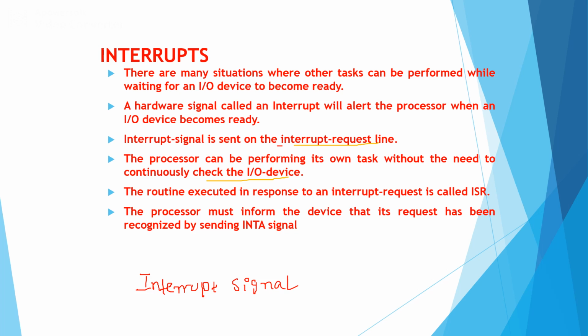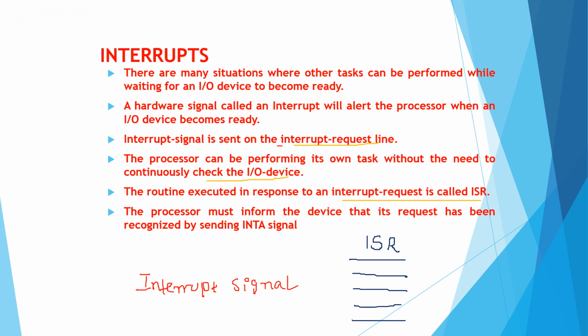The routine executed in response to an interrupt request is called the ISR. The ISR consists of a set of instructions. Whenever an interrupt is raised, the set of instructions executed in response to the interrupt request is called the interrupt service routine, or ISR.